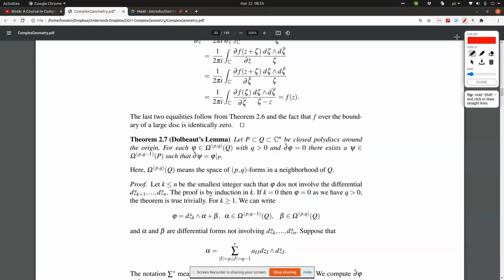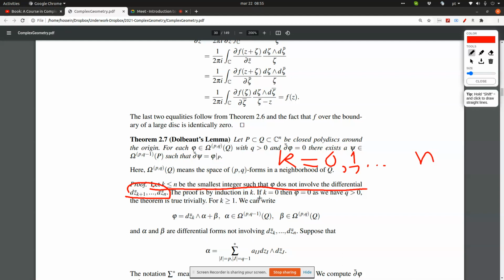So the proof of Dolbeault's theorem. For the proof, this is the trick. Take k the smallest number such that phi, the differential form, does not involve dz_{k+1} bar until dz_n bar. The idea is that we try to prove this theorem from k=0 until k=n.